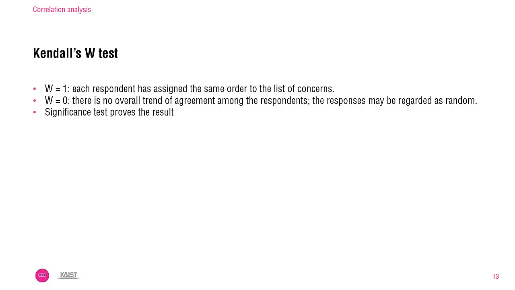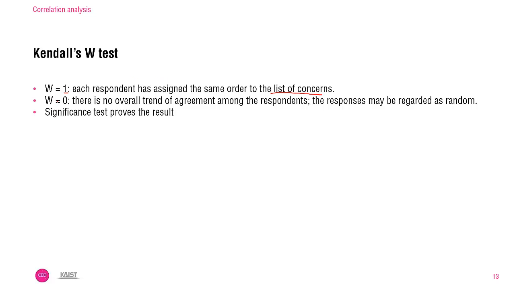The Kendall's W ranges between 0 and 1. 0 indicates no agreement. 1 indicates complete agreement. So when W is 1 or closer to 1, then each respondent, in the former case each jury member, had assigned the same order or very similar ratings to the list of people or the candidates in the previous case.